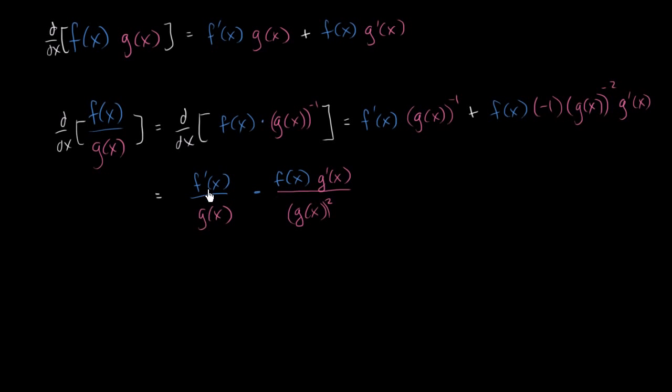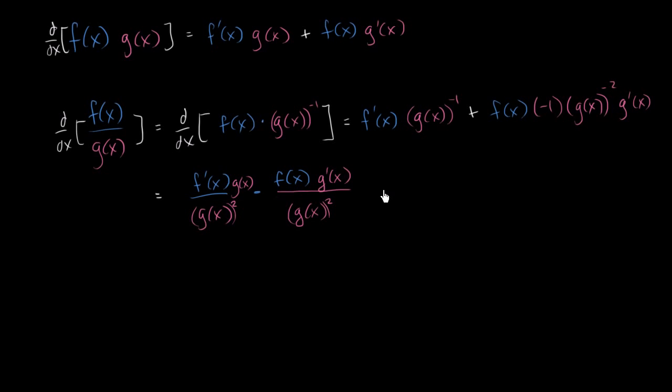To do that, we just have to add these two fractions. So let's multiply the numerator and the denominator here by g of x so that we have everything in the form of g of x squared in the denominator. So if we multiply the numerator by g of x, we'll get g of x right over here, and then the denominator will be g of x squared. And now we're ready to add.